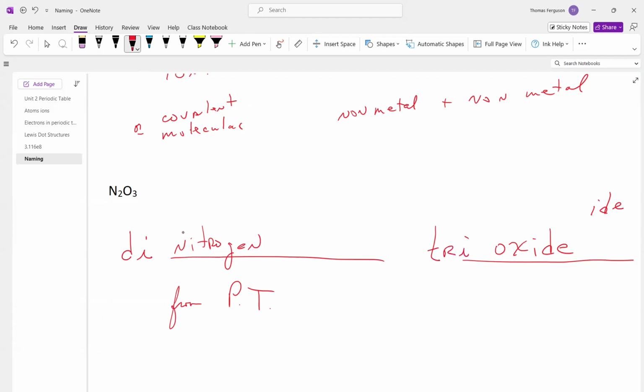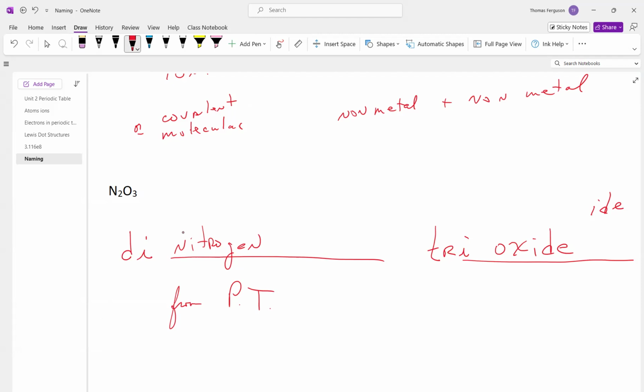And we have three oxygens. So it's dinitrogen trioxide. Except if it's the first one, you skip it if it's mono.